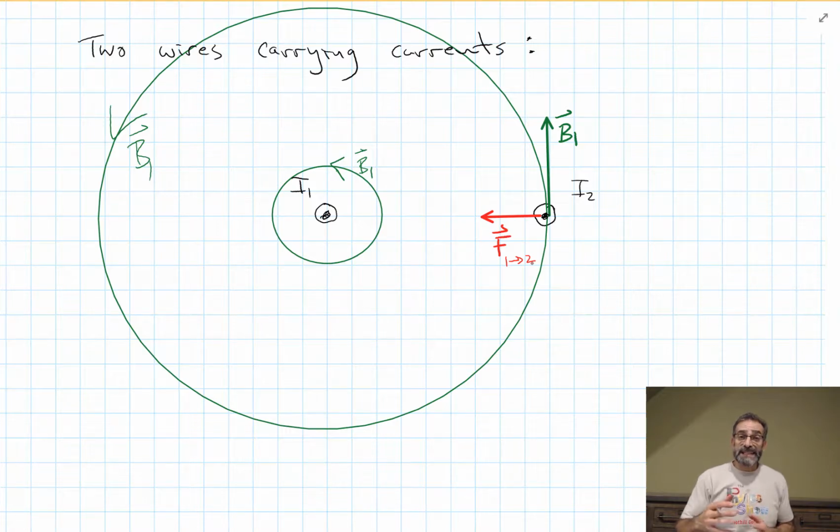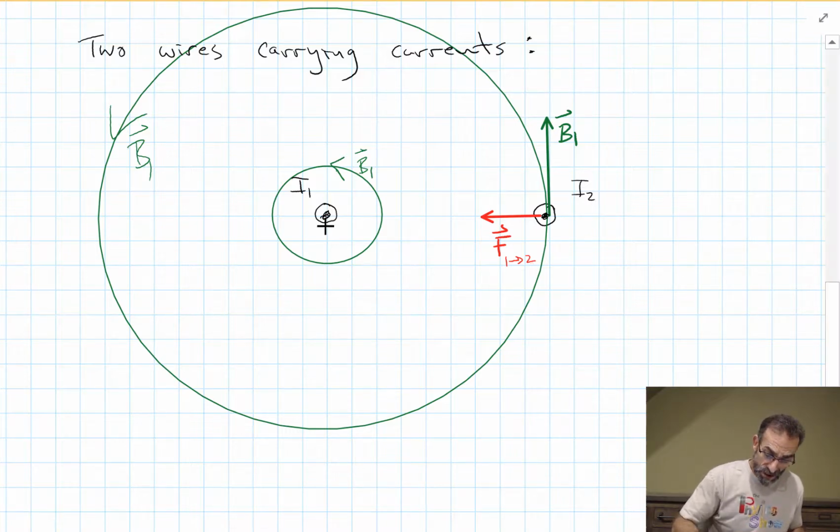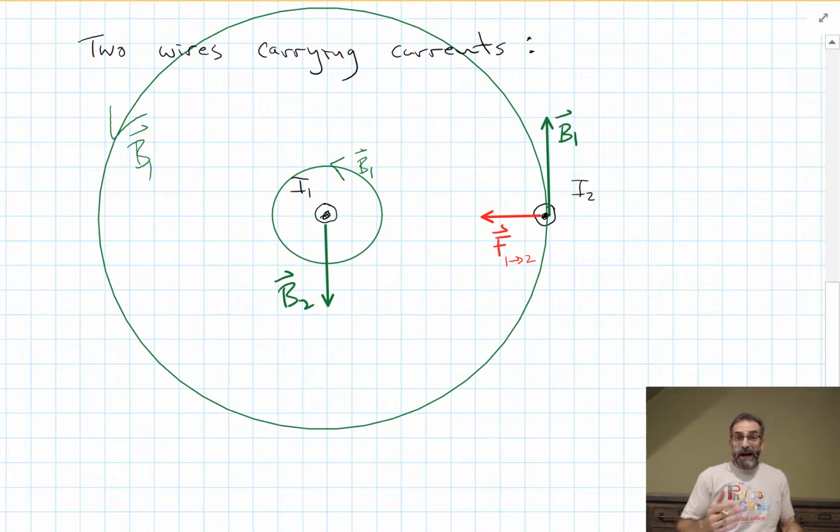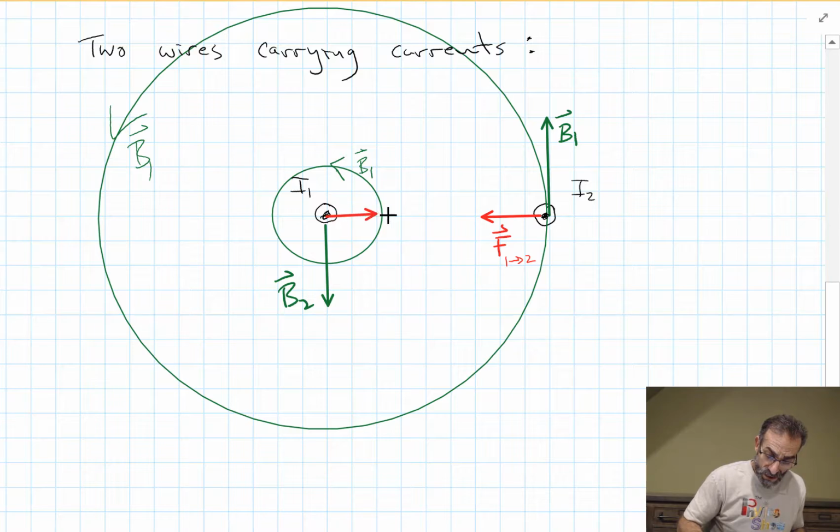And if you use the exact same logic but flip the wires, find the magnetic field that I2 is producing at the location of 1, you would get this magnetic field. I cross B would give you a force that points toward the other wire.